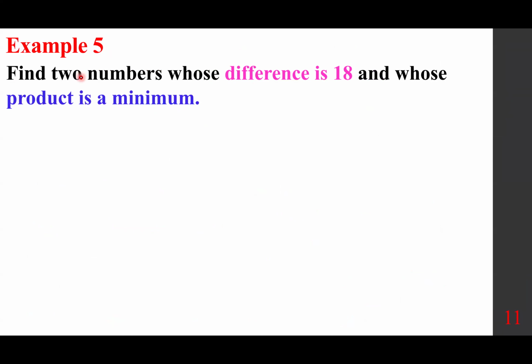We want to find two numbers whose difference is 18 and whose product is a minimum. Again, we start with defining our variables. What are those two numbers? You choose your variable, for example, x and y. Let the numbers be x and y.